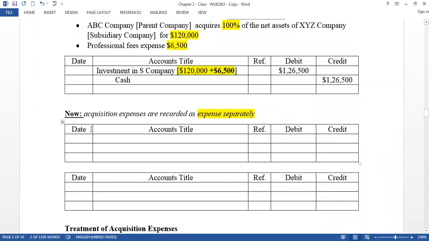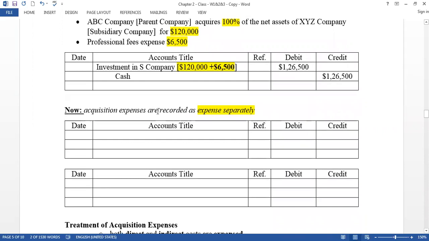Now what is the new rule? Acquisition expenses are recorded as expenses separately.